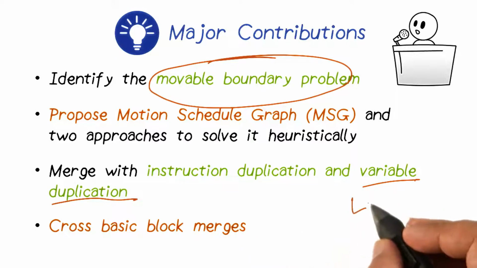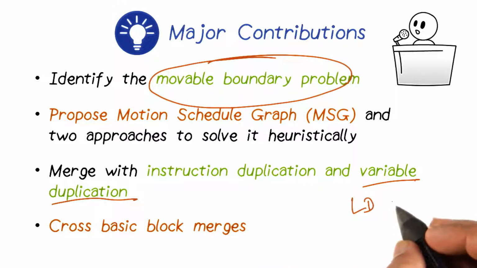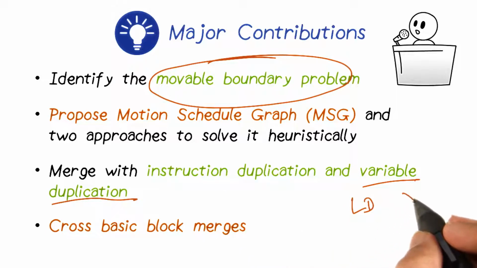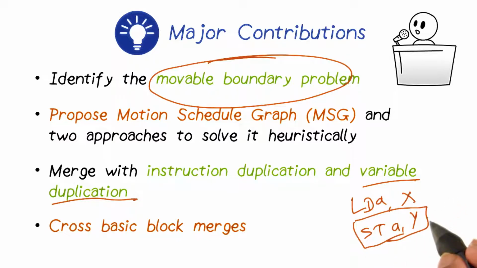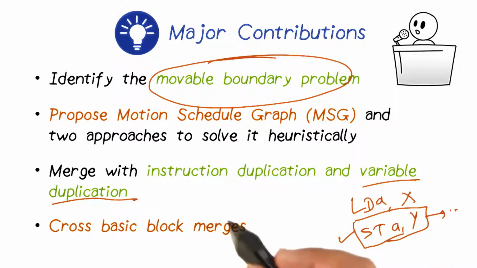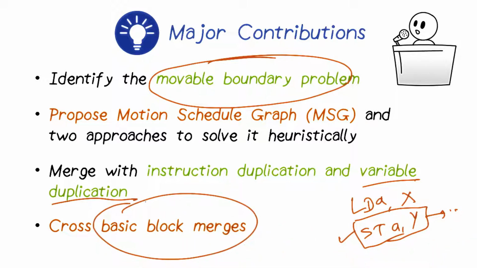In other words, look at this example where we had a load here which was from X memory, but now we want this particular operand A in Y memory, so we would put a store here for this operand into the Y memory. Now this additional store can also be merged with something else so that we don't pay the price for this, and such mergers can be carried out across basic blocks.